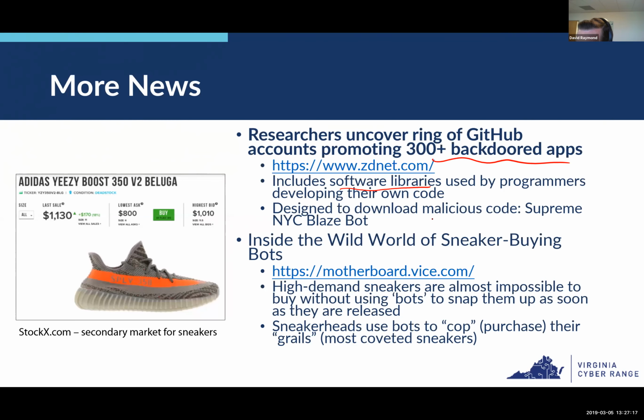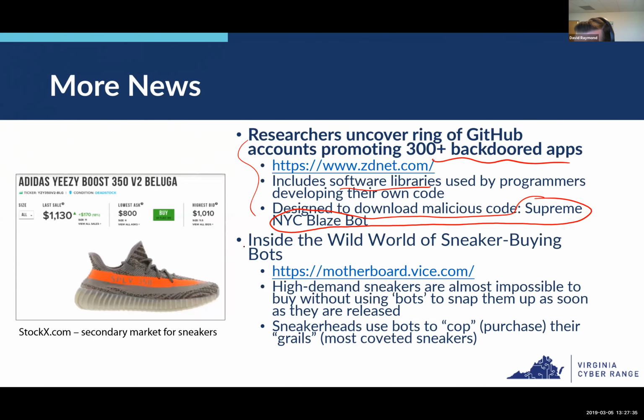They're all designed to download a particular malicious software called Supreme NYC BlazeBot. This part of the story is interesting, but what I thought was more interesting was that I didn't know what Supreme NYC BlazeBot is.